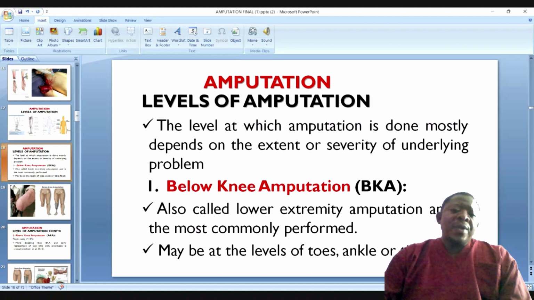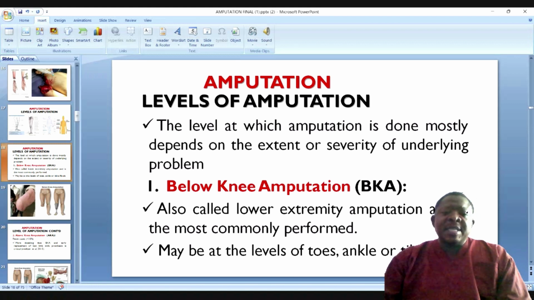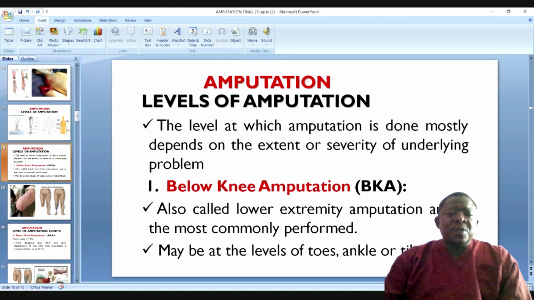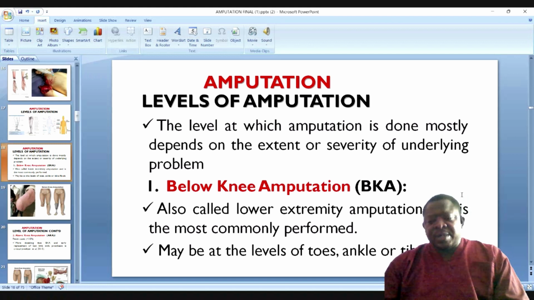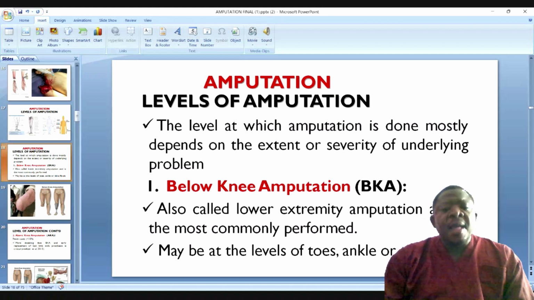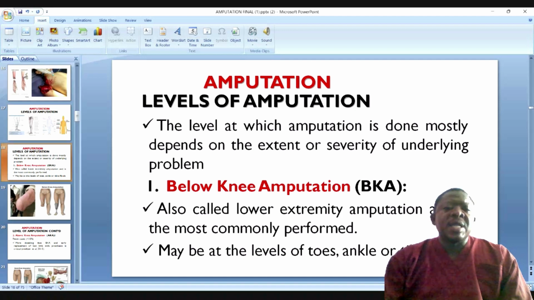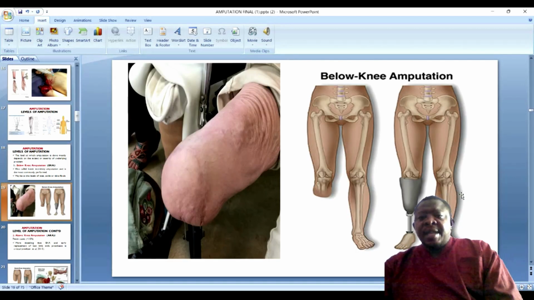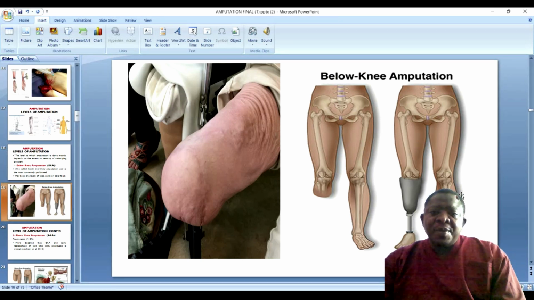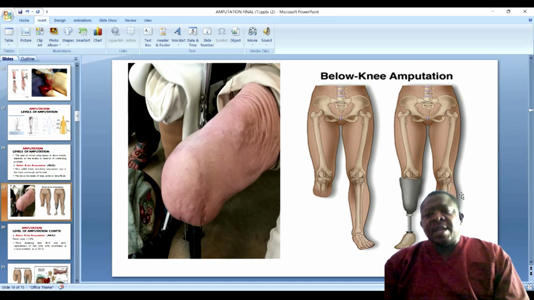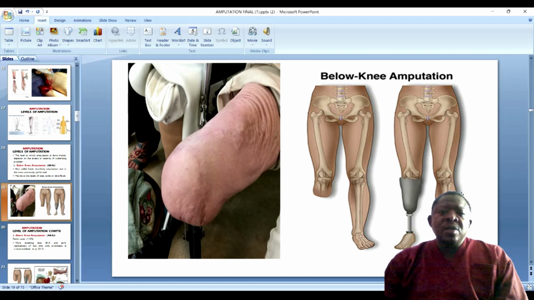For below knee amputation, it can also be at the level of toes, ankle, or tibia and fibula, as illustrated in the diagram that we just showed you. That is an example there with below knee, with those bones connecting, the tibia and fibula, then the stump there. So you can see that that's a below knee.